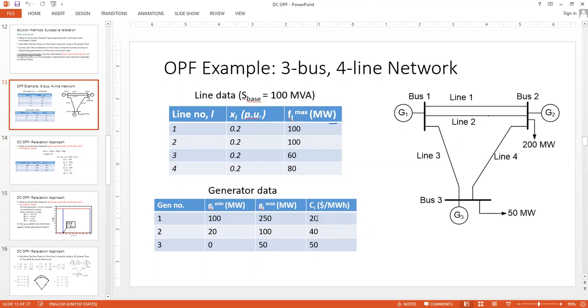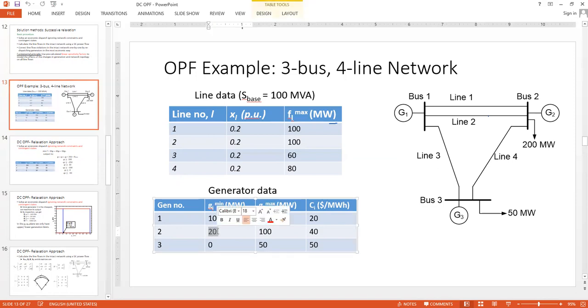to figure out how much generation is coming from each of the generating units present in our network. Okay, while doing this, we also have to take a look at the minimum generation possible for a certain unit. So if, let's say, I want to satisfy a demand with generating units 1 and 2, for example, then I have to make sure that at least I take this much from generating unit 2.